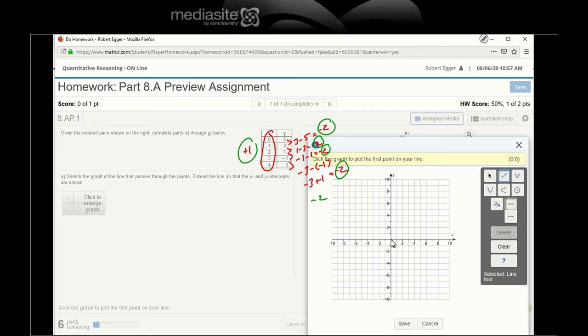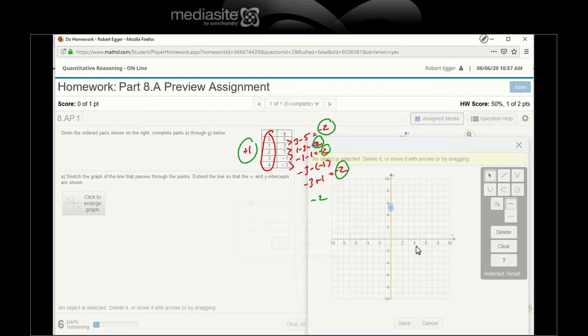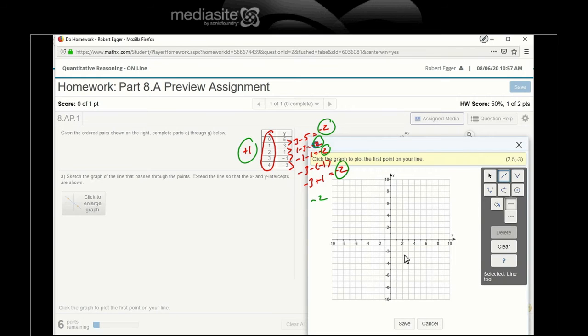If you mess up, just hit clear. Note how it keeps track of where you are. Again, x is 0, y is 5. And when x is 4, y is minus 3.